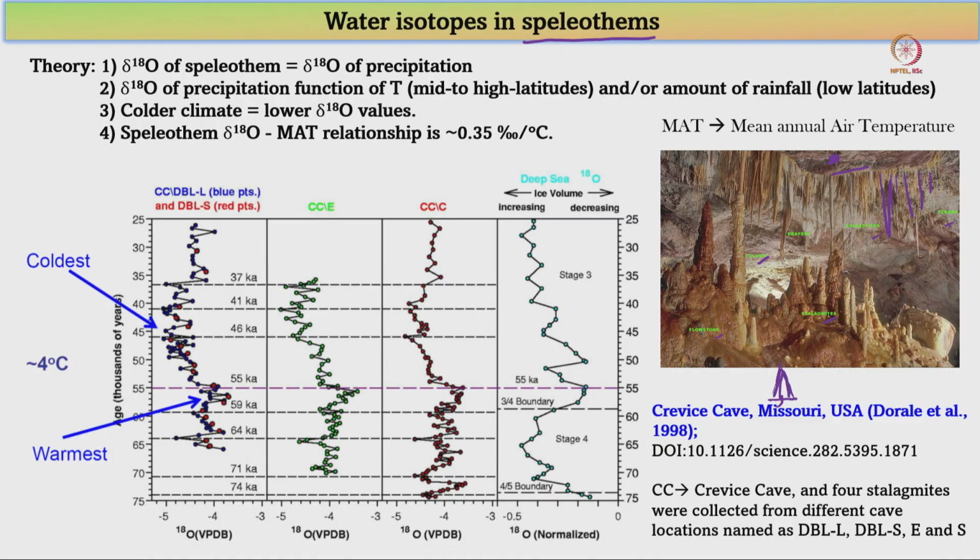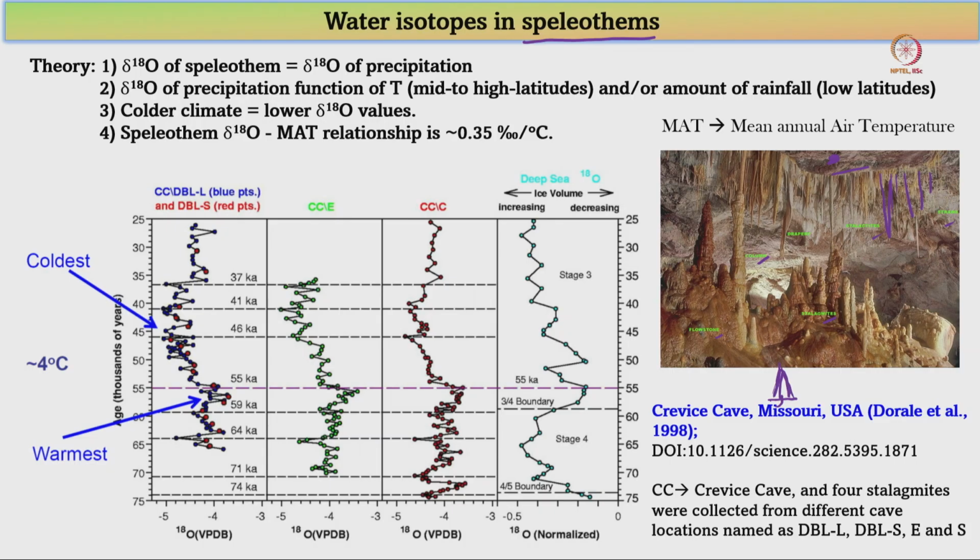In the lower latitudes, the tropical, subtropical and equatorial areas, the relationship becomes very good with the amount of rainfall. So, there is a dominance of temperature as we go to mid to high latitudes, and a dominance of the amount of rainfall in the lower latitudes. That is my second theory.